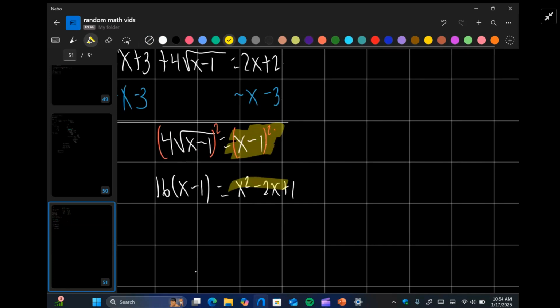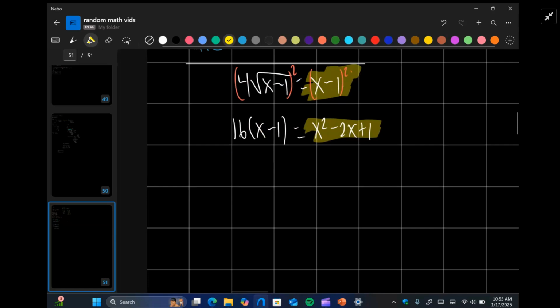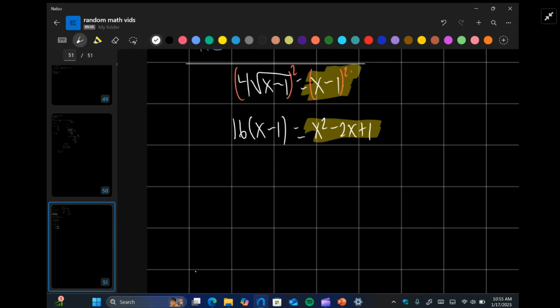I'm just stating that we're using that to do that part. So we do the distributive property, 16x minus 16. Let me write that down again. Equals x squared minus 2x plus 1.